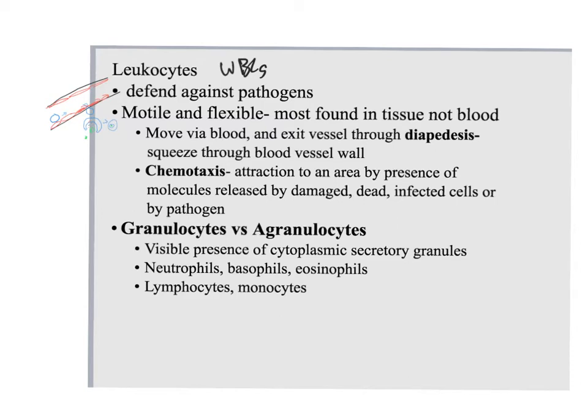Those are positive for granules, so those are granulocytes. And lymphocytes and monocytes, you cannot see granules. They have cytoplasmic granules, but they are not visible by light microscope, so we categorize them as agranulocytes. Neutrophils are the most abundant type of white blood cells in a normal blood sample. When you have an abnormal blood sample, you could have different numbers.